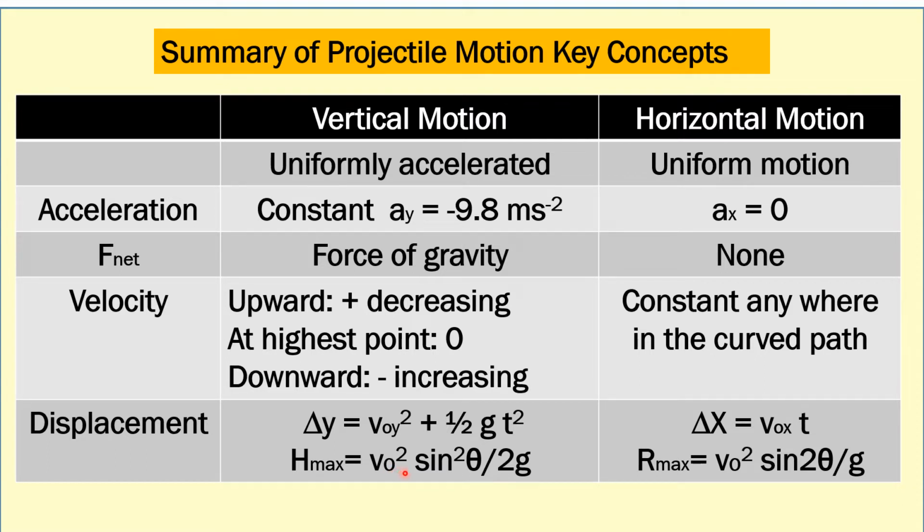So the formula is the initial speed squared multiplied by the square of sine theta. You first get the sine value of the angle theta, and then you square it before you multiply that to the square of the initial velocity. Then divide by twice the acceleration due to gravity.